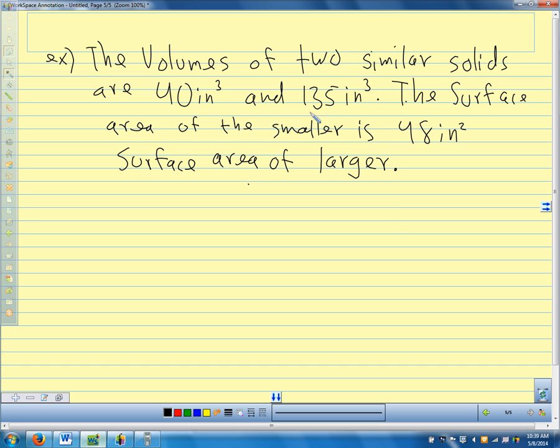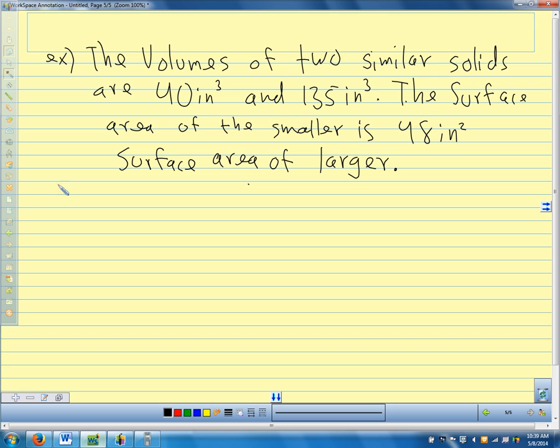Well, we have two volumes. So, using our last problem as a starting point, what can we do with the two volumes? Use the two volumes to find the scale factor.